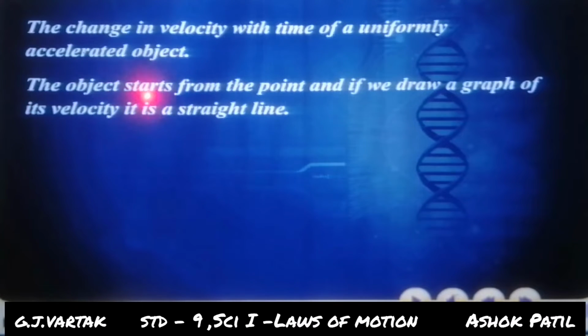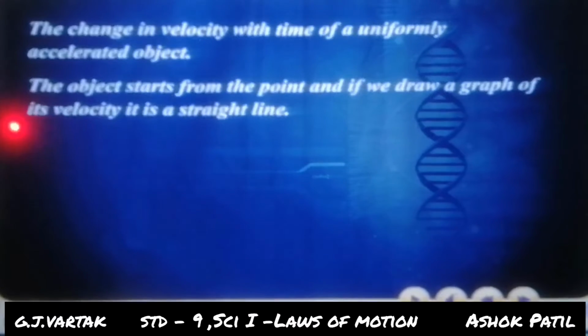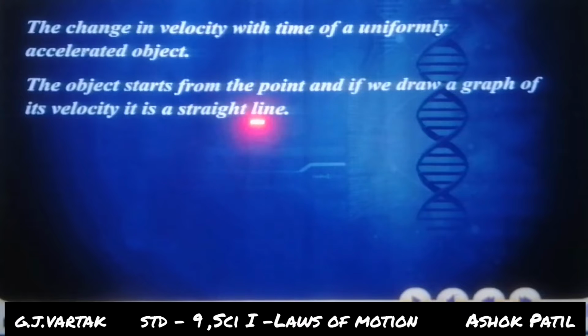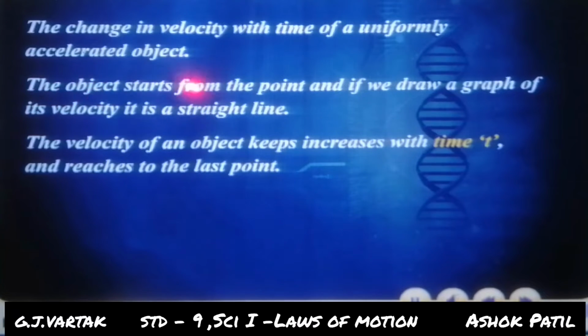The object starts from a point, and if we draw a graph of its velocity, it is a straight line. Write down this sentence. The velocity of an object increases with time t and reaches the last point.